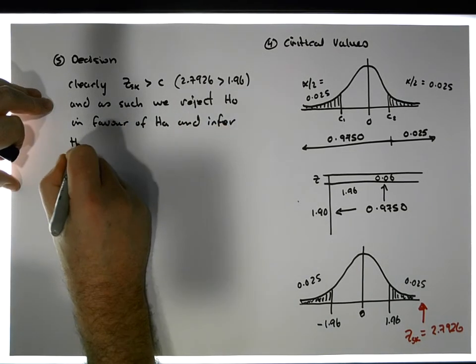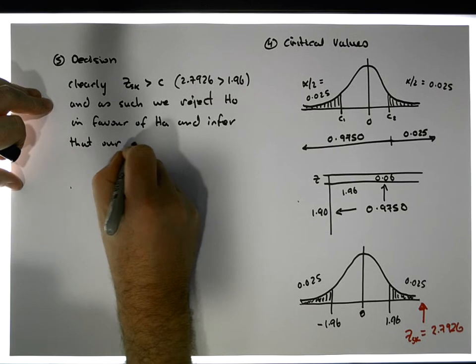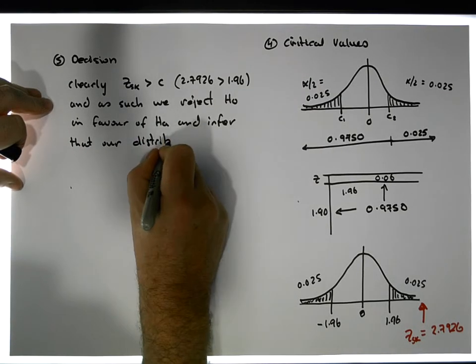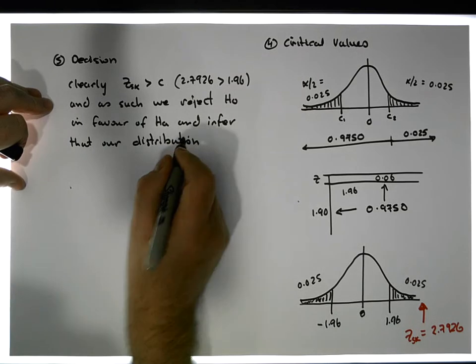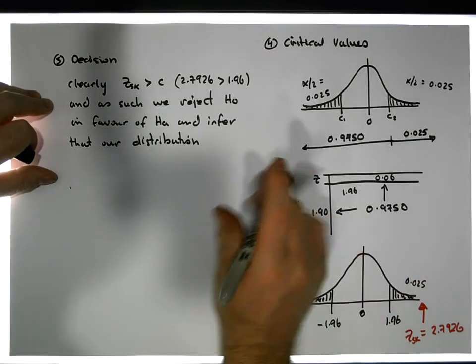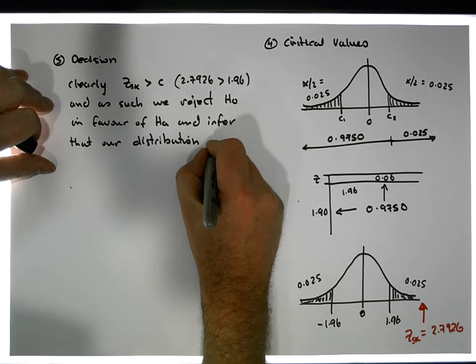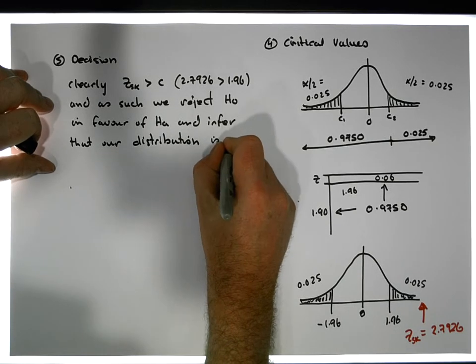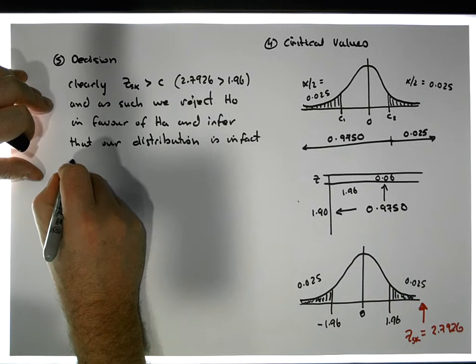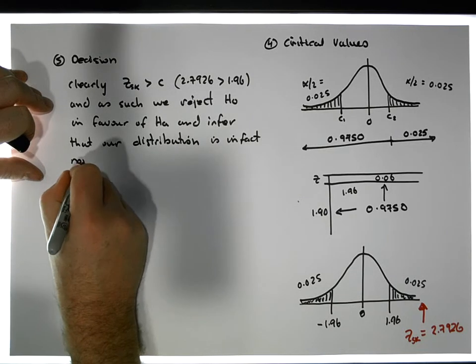And now we can infer that the distribution that the sample has been drawn from is in fact non-symmetrical.